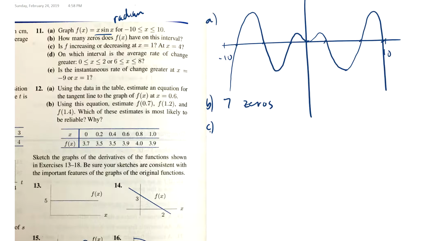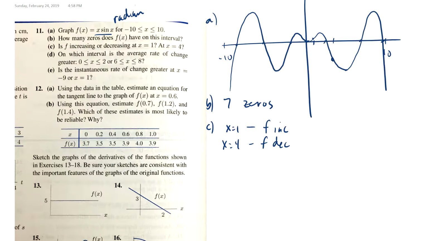So now I've got to look at my scale on my graph. And 1 is right here. So 1, 2, 3, 4 is here. So at 1 it's increasing. At x equals 4, f is decreasing, right? Because it's going down.